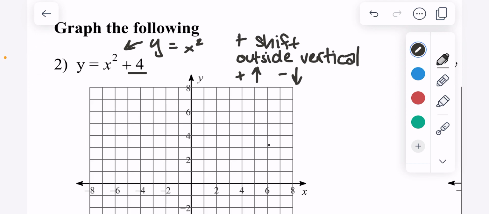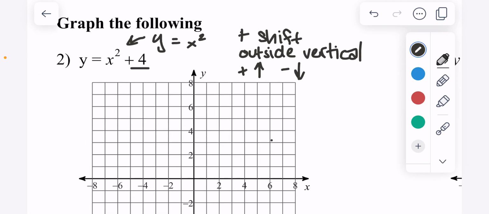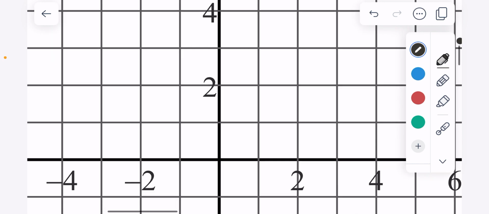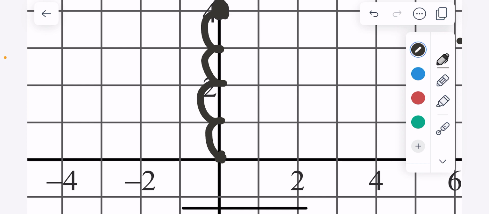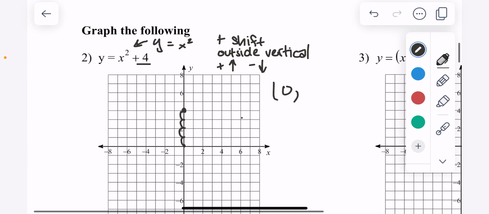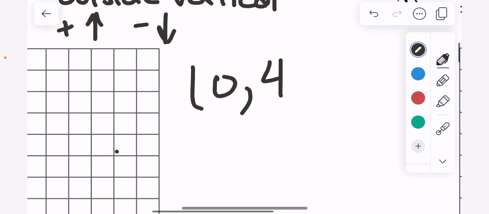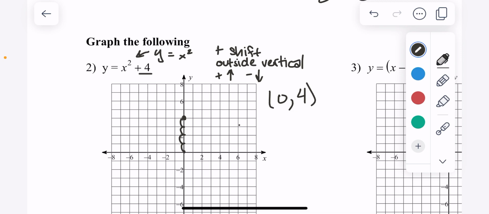In this case, I added 4. So I am going to have my graph go up 4 units. My vertex in my previous graph was 0, 0. Now if my vertex is going up 4 units, instead of having a point at 0, 0 like I did last time, it's going to go up 4. 1, 2, 3, 4. So now if I plugged in 0 for x, I would get out 4 for my y. And we can see that here.